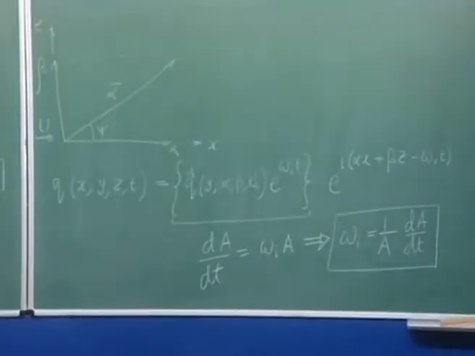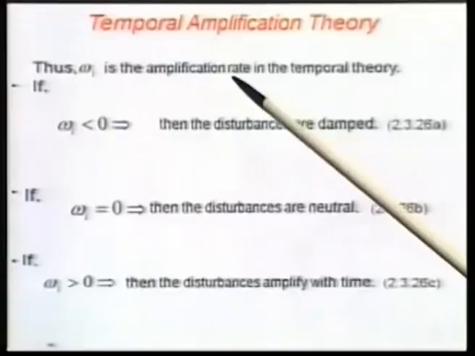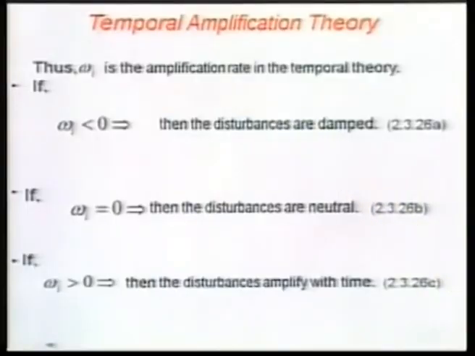Next, we could look at the complementary picture. But anyway, we have done this, so let us nonetheless summarize what we have. Omega I tells us whether the disturbance is growing or decaying.